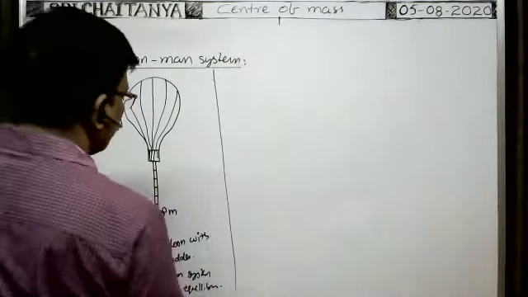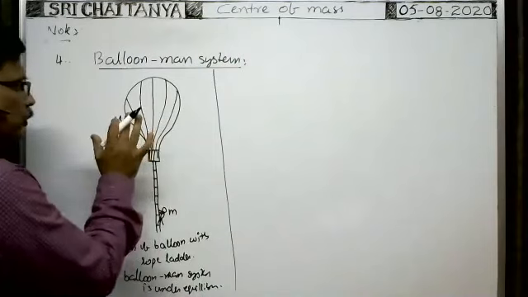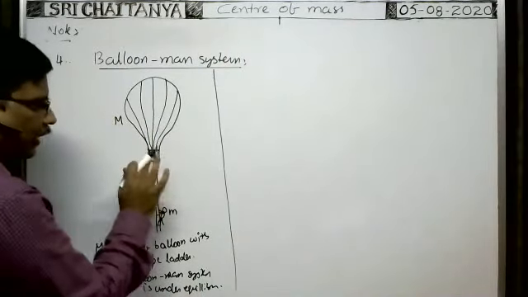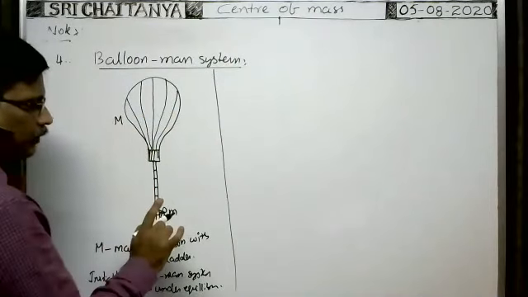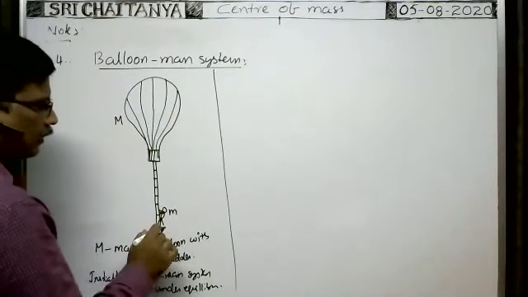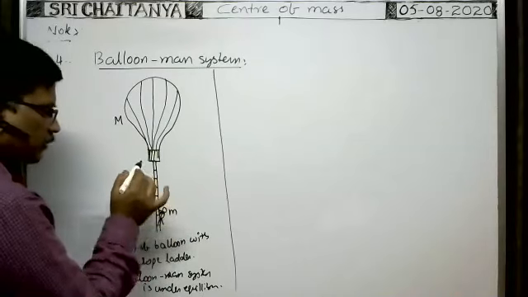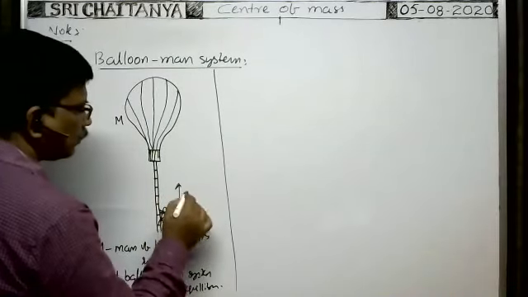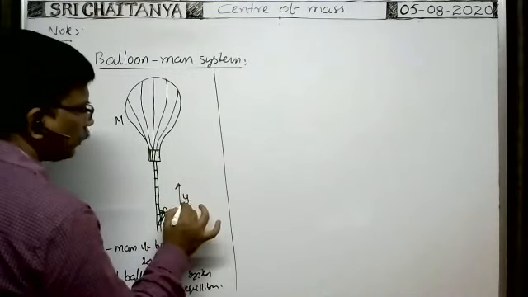Okay, now with respect to the balloon or with respect to the ladder, of course the balloon with ladder is one object, the man is one object. There are two objects. With respect to the balloon or the ladder of the balloon, the man travels a distance equal to y relative upwards.